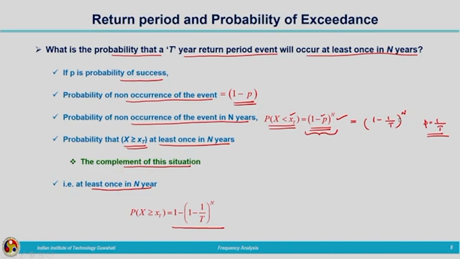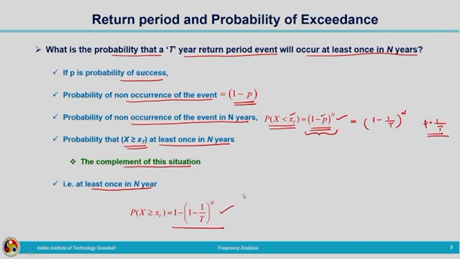So, the probability that the event will occur at least once in n years will be given by P(X greater than or equal to x_T) = 1 minus (1 minus 1/T) to the power of n. So, if the return period is known to us, and if we want to find out whether this extreme event will occur at least once in n years, we can use this formula for that calculation.